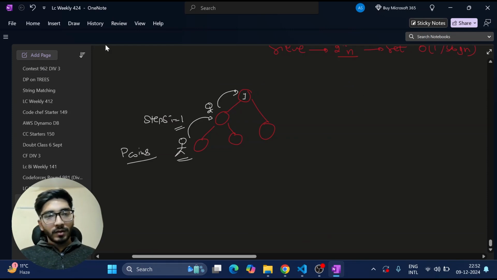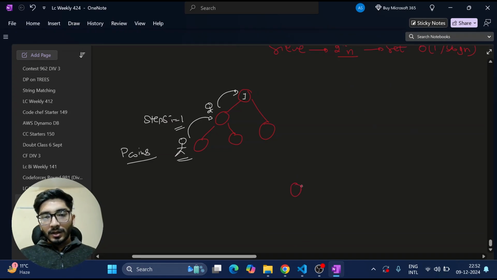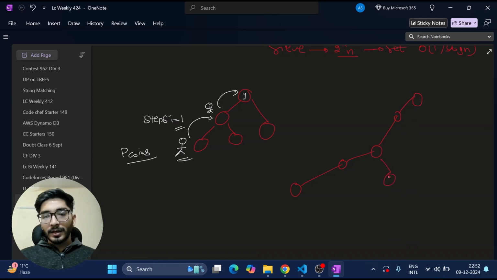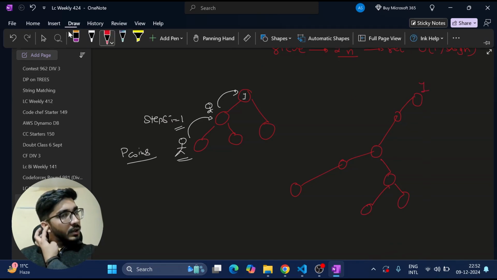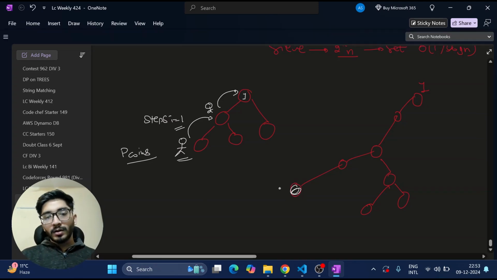To understand the complexity of this problem, let's take a bigger tree. Let's suppose this is the tree, and this is our node number 1. If my robot starts from this particular node, this will be its first step.